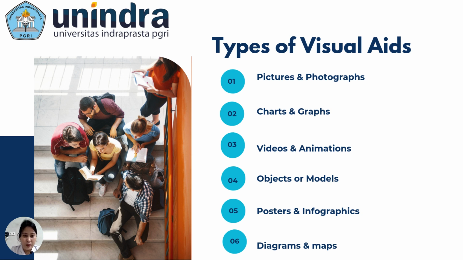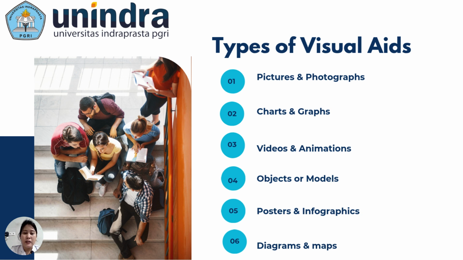For example, a grammar poster can explain tenses, sentence structure, or parts of speech. A poster showing simple past tense, rules, and examples. And then a vocabulary poster. An infographic, for example, on how to write a paragraph or the parts of a letter.